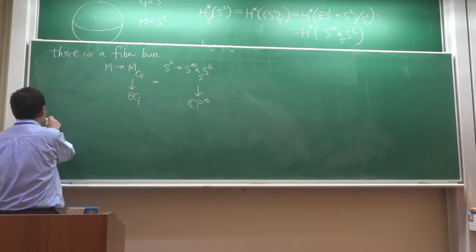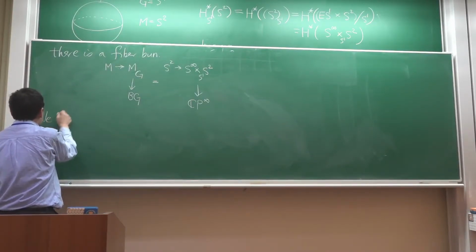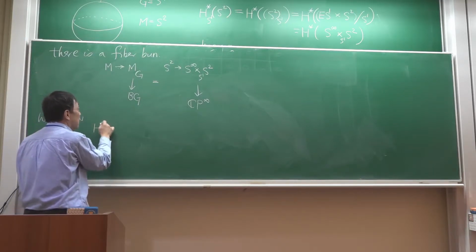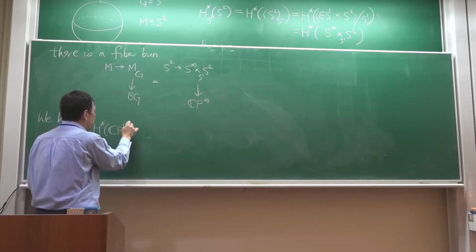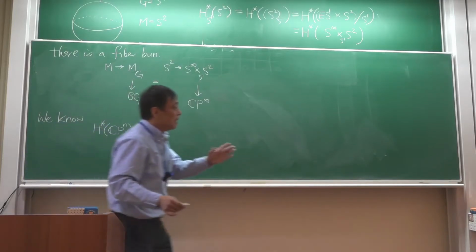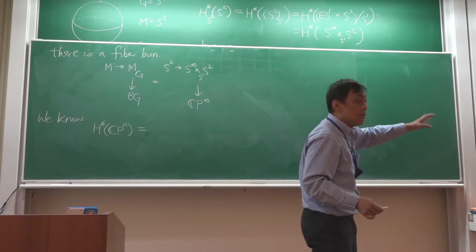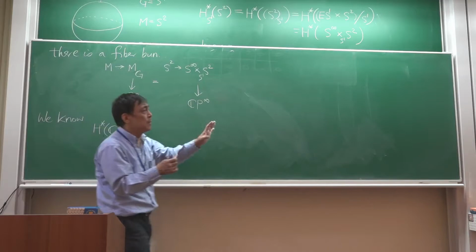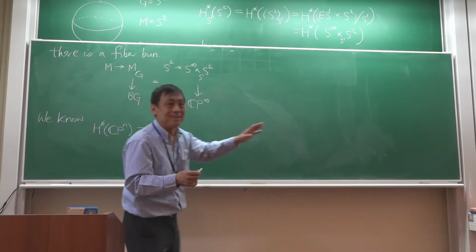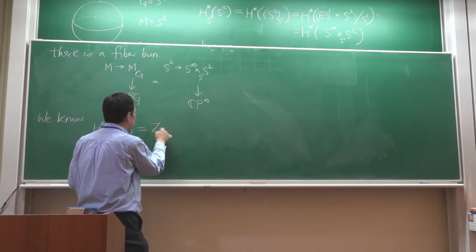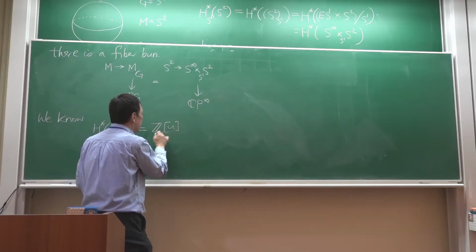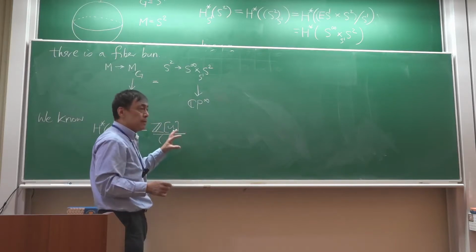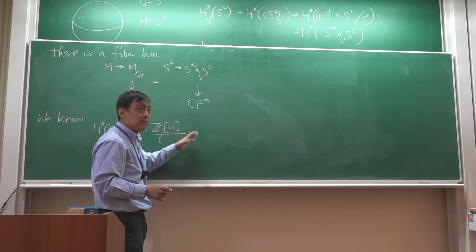Now the cohomology of CPN, if we generalize the cohomology of CP2 to CPN, you see that you will just have to go a little bit further. You will get Z[U], and for CP2, it's U3 equal to 0.